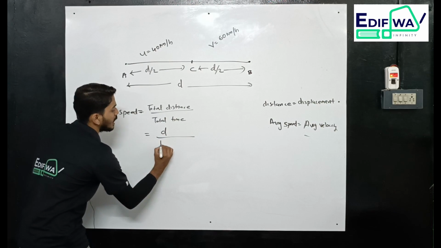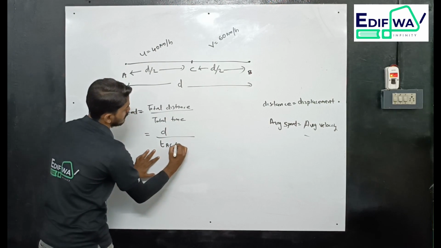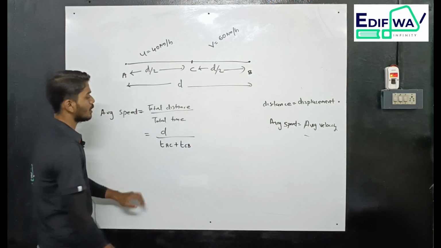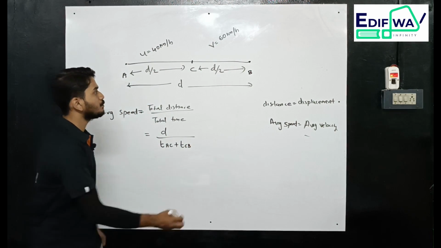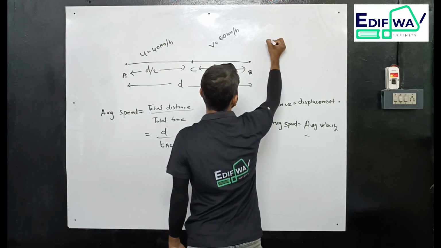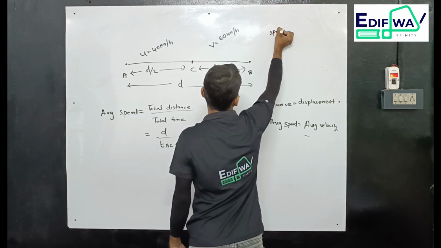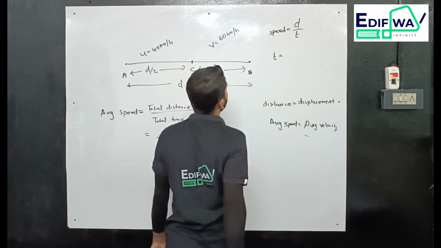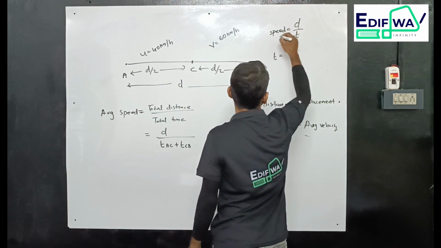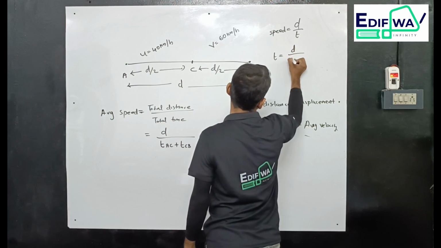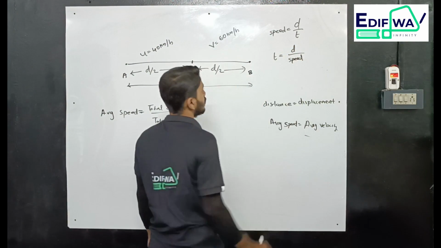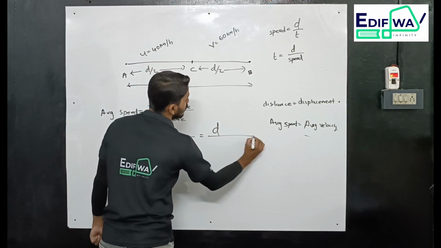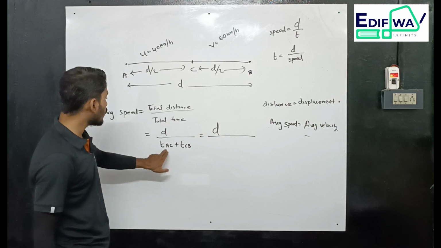So that is nothing but time to cover AC plus time to cover CB, right? How to find time? The time equation is, you know, speed is equal to distance by time. So your time will be equal to distance by speed, right? Distance by speed.